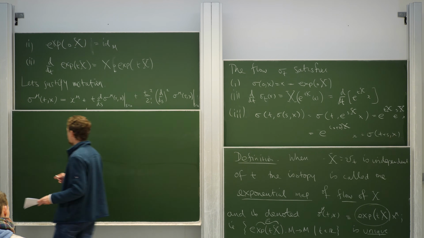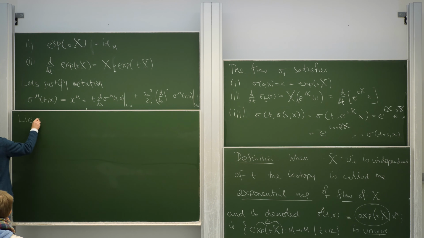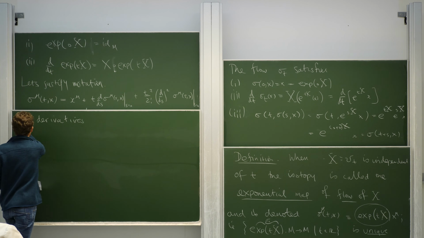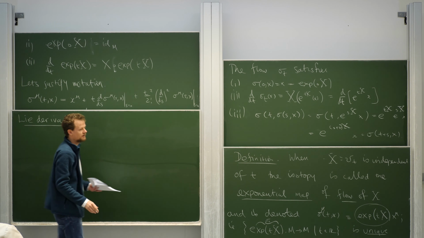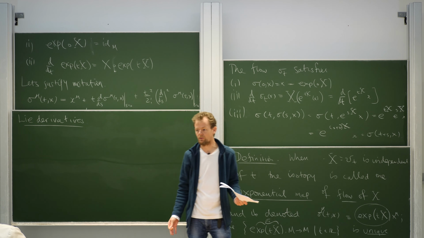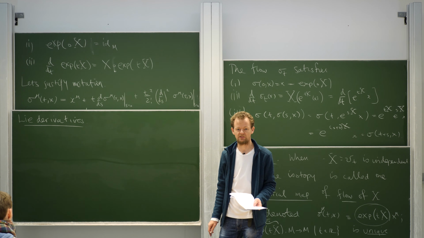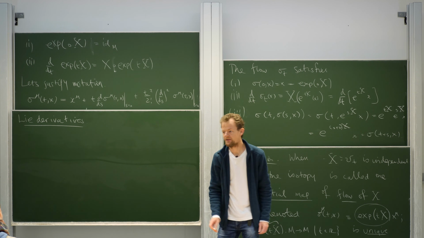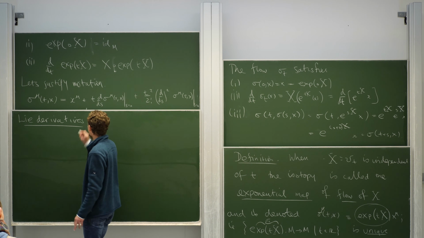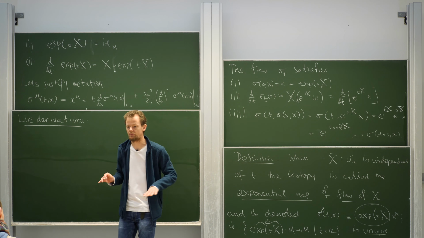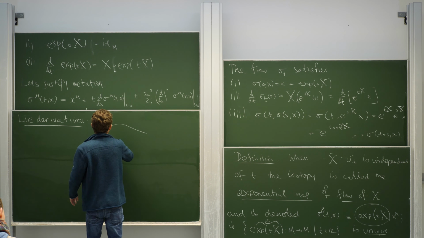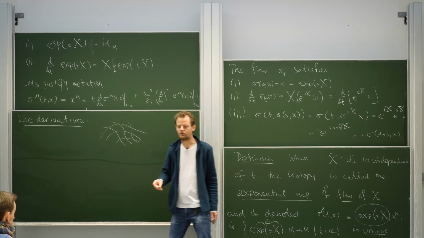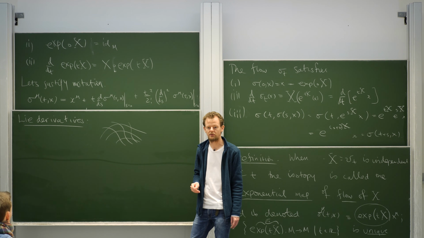Now we come to the topic of how to introduce derivatives of vector fields and things like that. So the problem with manifolds, in contrast to the real numbers, which is what we model a manifold on, is that when you want to compare two things at different points, it's not quite clear what compare means.